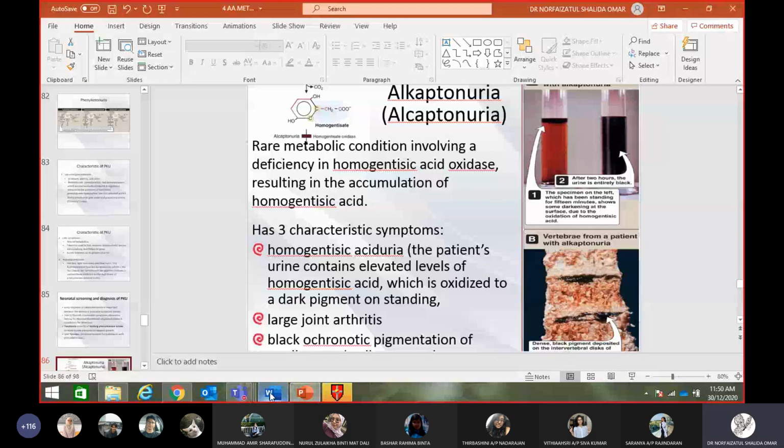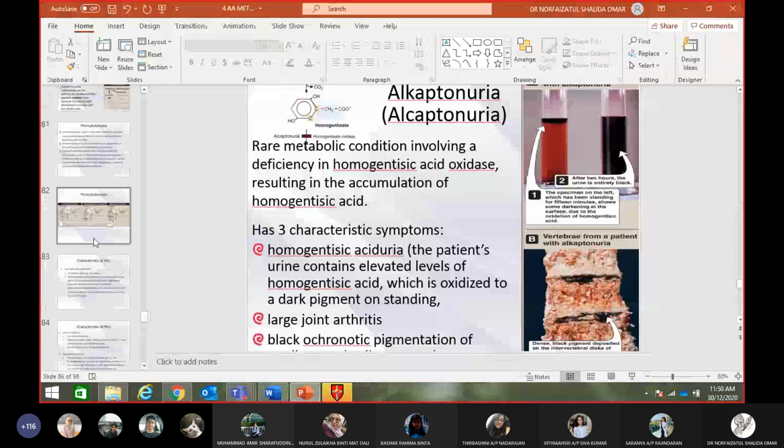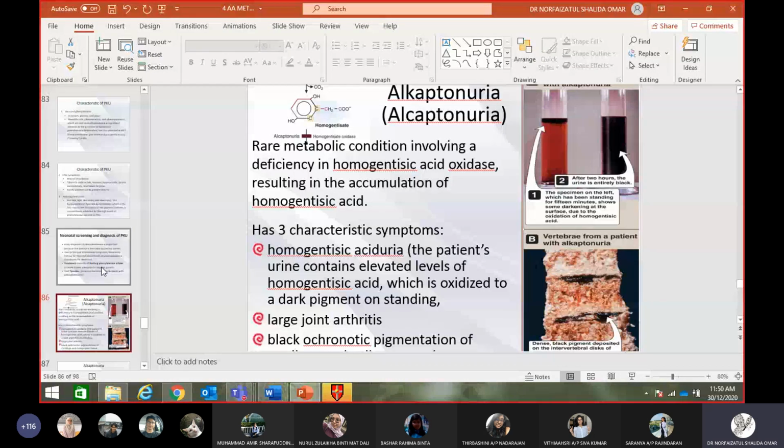Early diagnosis of phenylketonuria is important because the disease is treatable by dietary means. So how do you state the importance of early diagnosis of PKU? How do you detect early PKU? Through neonatal screening and diagnosis of PKU.